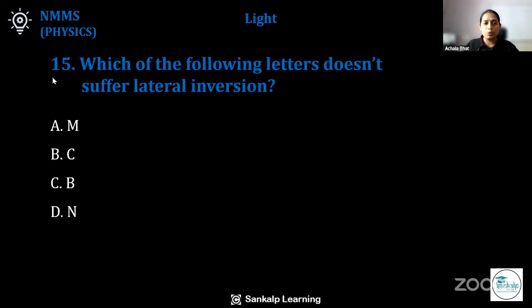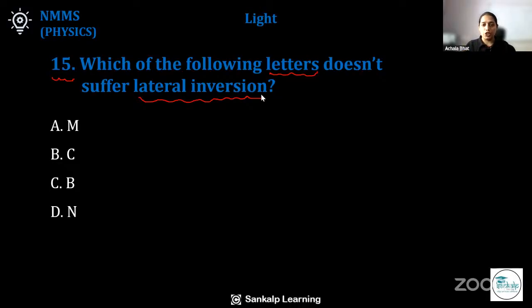Let us see question number 15 of NMMS Physics chapter Light. Which of the following letters doesn't suffer lateral inversion? What is lateral inversion? See, when you look into plane mirror, what happens?